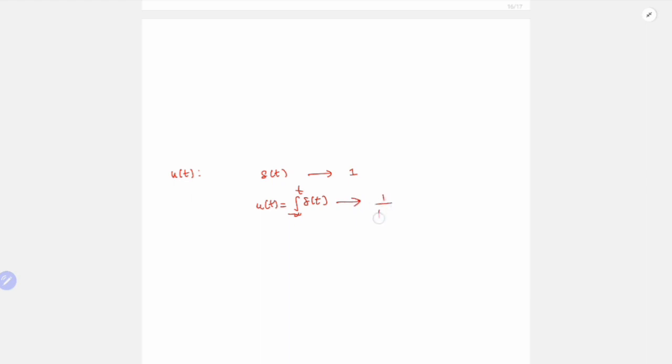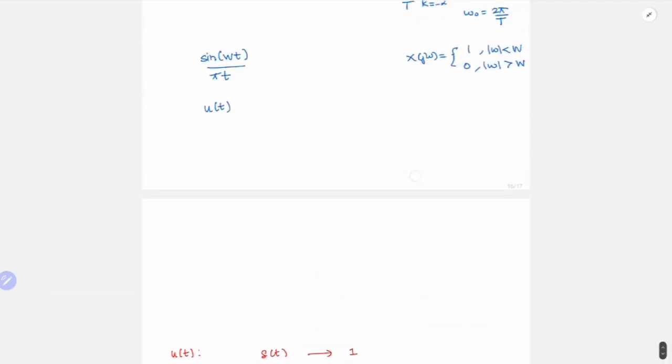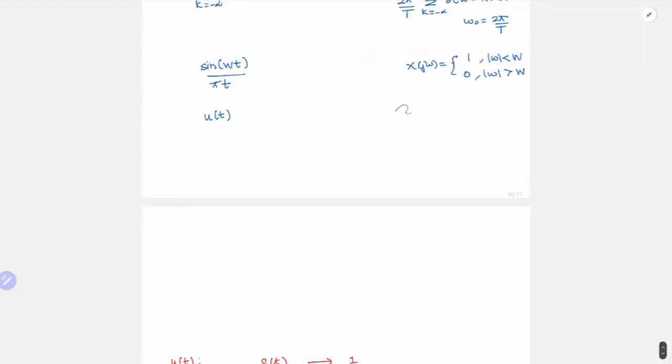So this should give me 1/(jω) plus π X(0) δ(ω). X(0) is again 1, because it is 1 for all omegas. So this is equal to 1/(jω) + π δ(ω). This is the Fourier transform of u(t).